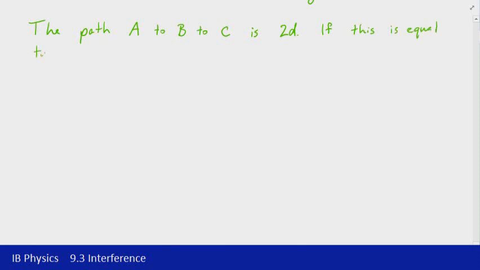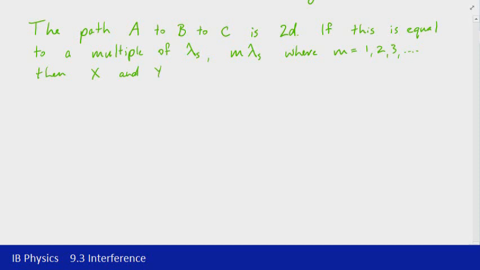So if that value of 2D is equal to some multiple of the wavelength in the soap bubble, so in other words, m lambda s, where m is an integer, so m is equal to 1, 2, 3, so on and so forth, we then have that the two rays X and Y will be out of phase.